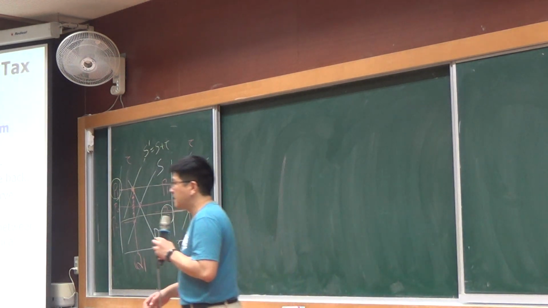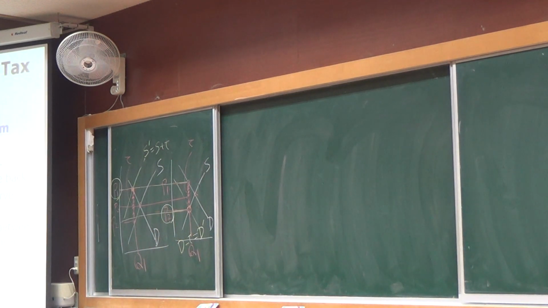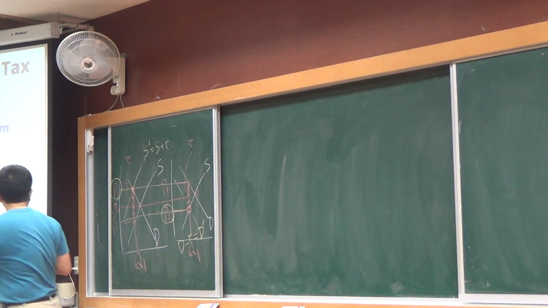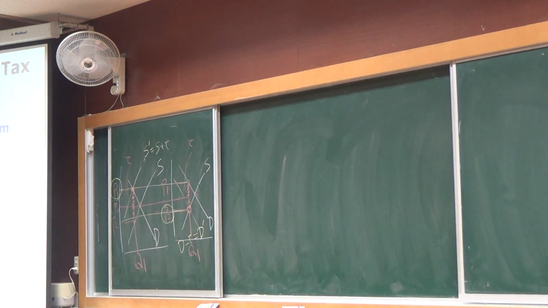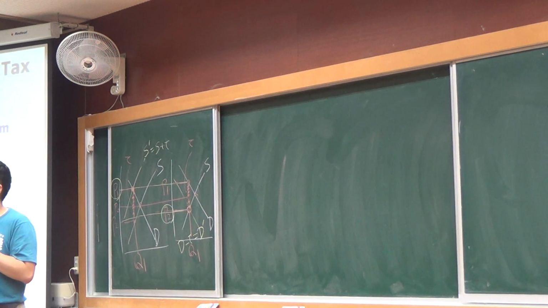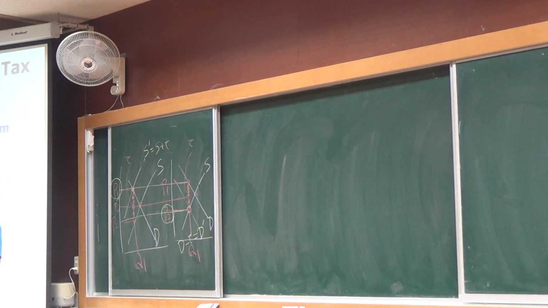So the price label on the good in the first case would be P1. So I pay P1 if I'm the buyer. And if you are the seller, you got P1, but you have to take out tau, giving it to the government, right?